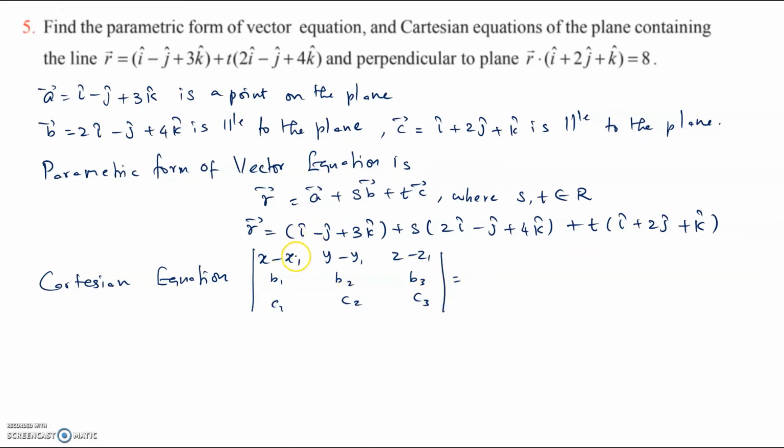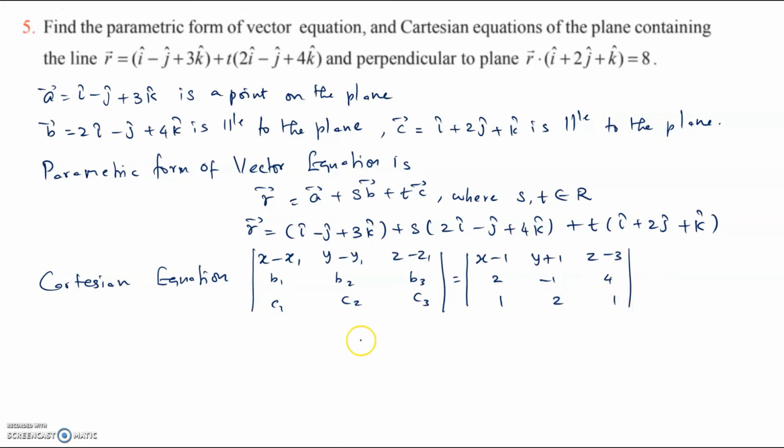Substituting the values, x1, y1 and z1 are the coefficients of the vector A, i cap, j cap and k cap. So we have x minus 1, y plus 1, z minus 3. Then you have b1, b2, b3 as 2, minus 1 and 4, and c1, c2, c3 as 1, 2 and 1.